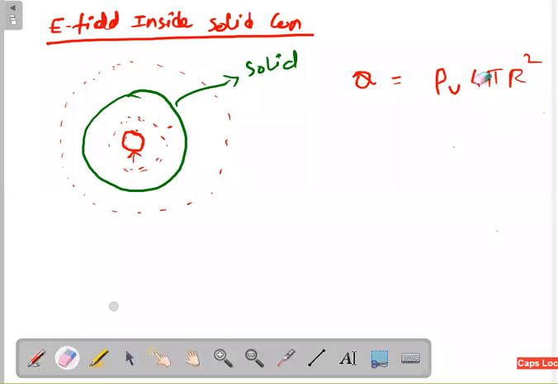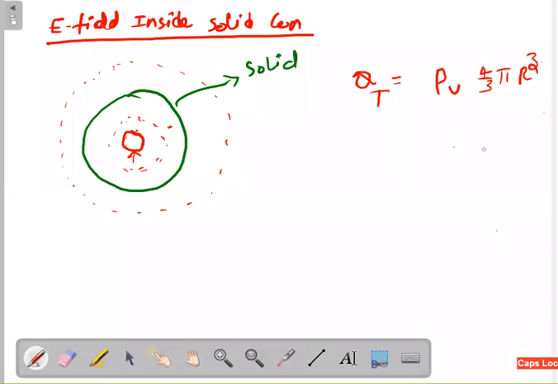Volume charge density into volume. Okay, this is the total charge available in the total solid.